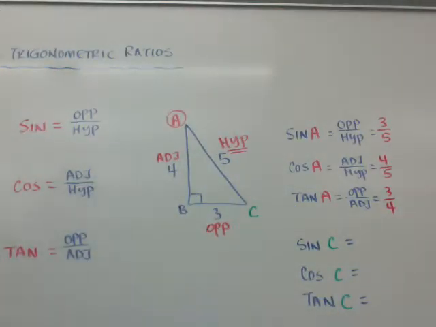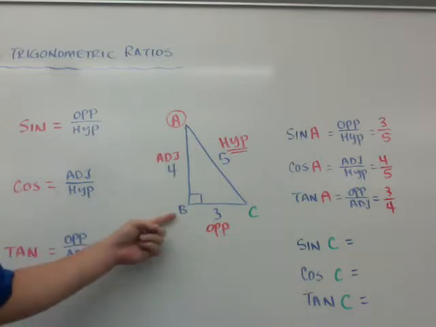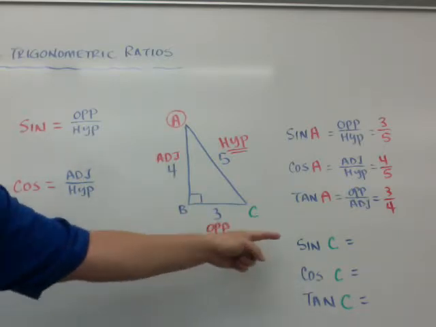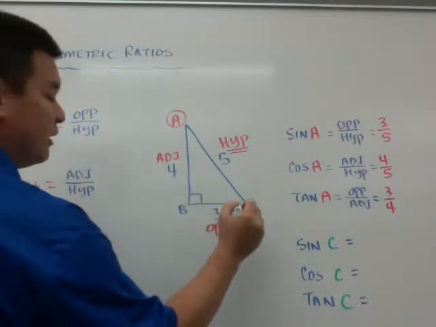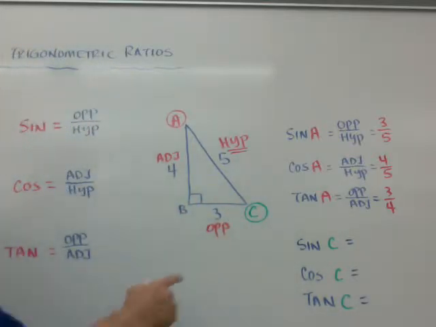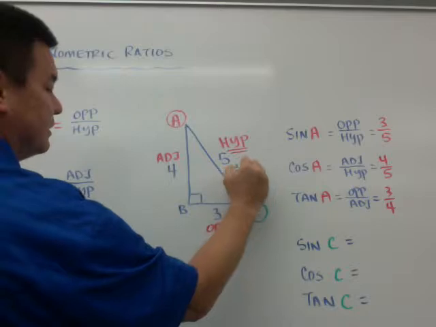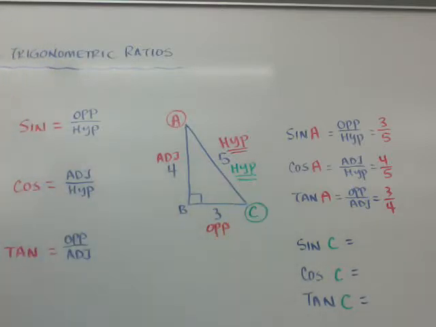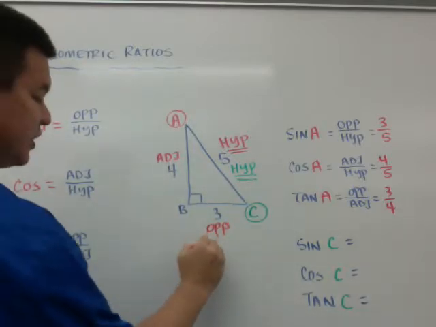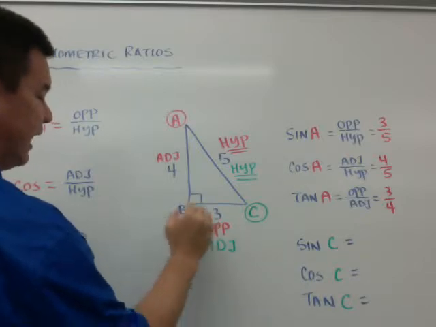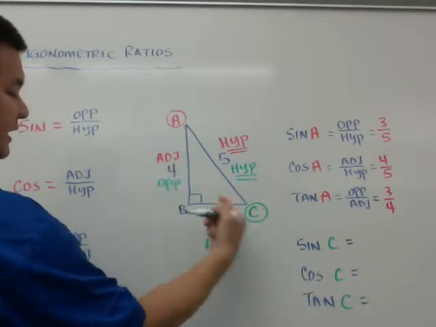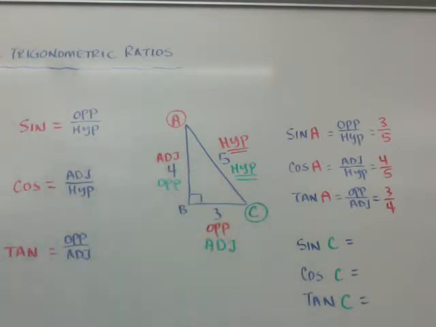But if I asked for C, so if I said sine of C, by the way, they would never do B. They're not going to ask you for sine, cosine, or tangent of B. But if I ask for sine of C, now I'm going from this angle, and so the hypotenuse still stays the hypotenuse. But now this becomes my adjacent of C, and this becomes my opposite of C because it's opposite and this one is next to it.